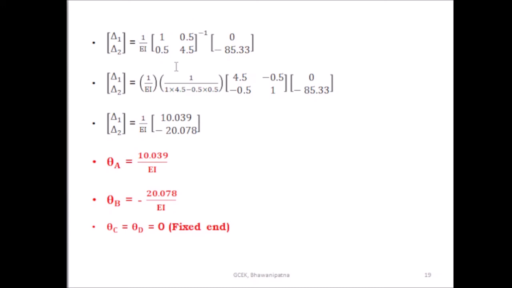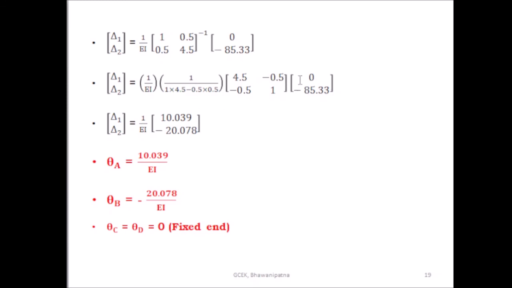After taking the inverse matrix, you multiply with the column matrix, and then you can find delta 1 and delta 2. So delta 1, delta 2 is equal to the inverse matrix, 1 by (1 into 4.5 minus 0.5 into 0.5), then 4.5, minus 0.5, minus 0.5, 1, and the column matrix 0, minus 85.33.